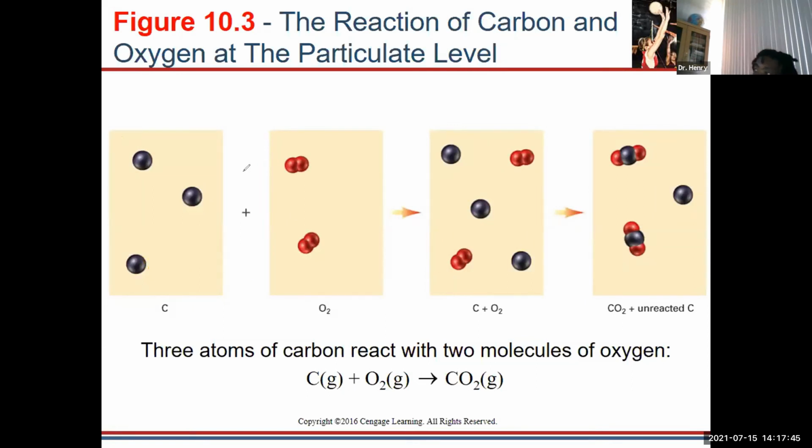That's right. For every 1 carbon, it takes 2 oxygens. O2 is O2, so CO2. I only have 2 oxygen molecules, so I can only make 2 carbon dioxides. So what is in excess?